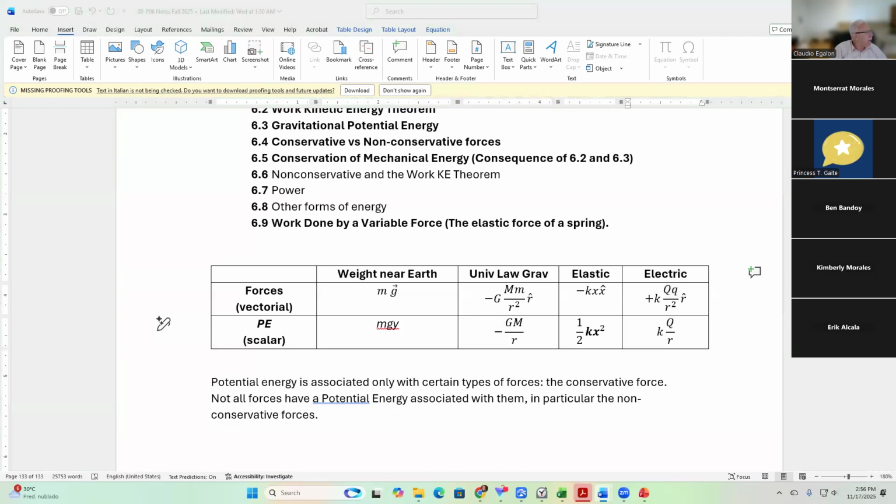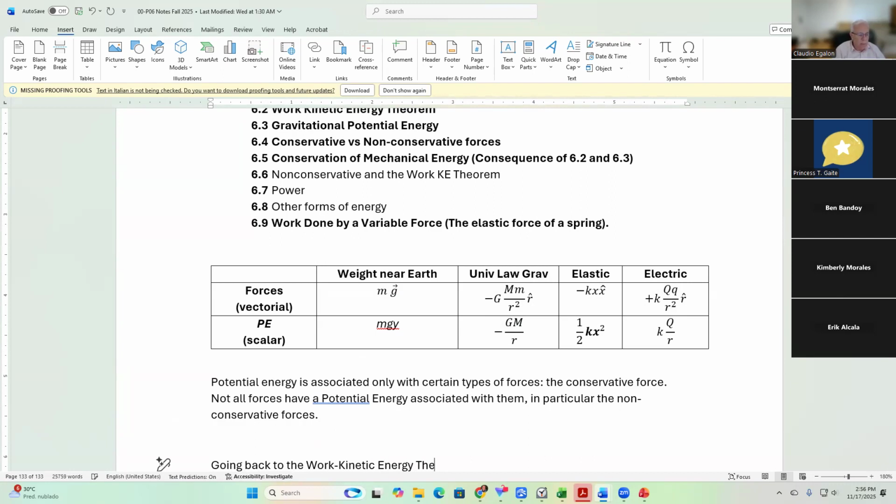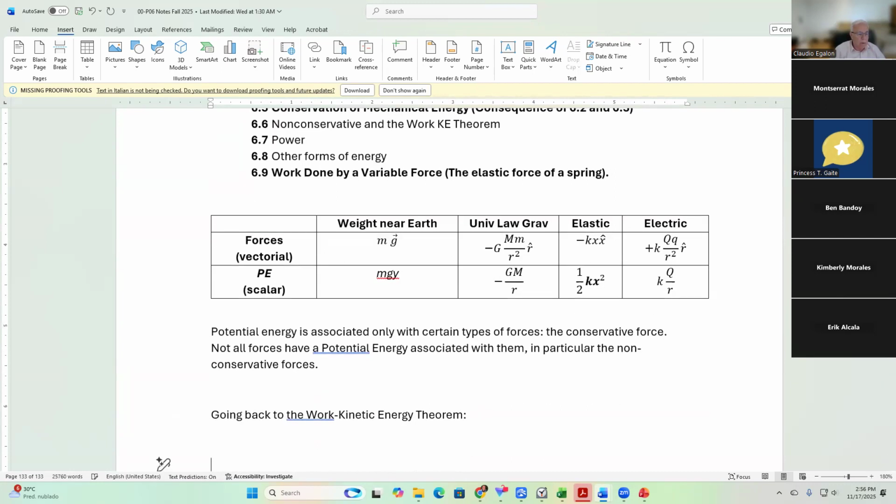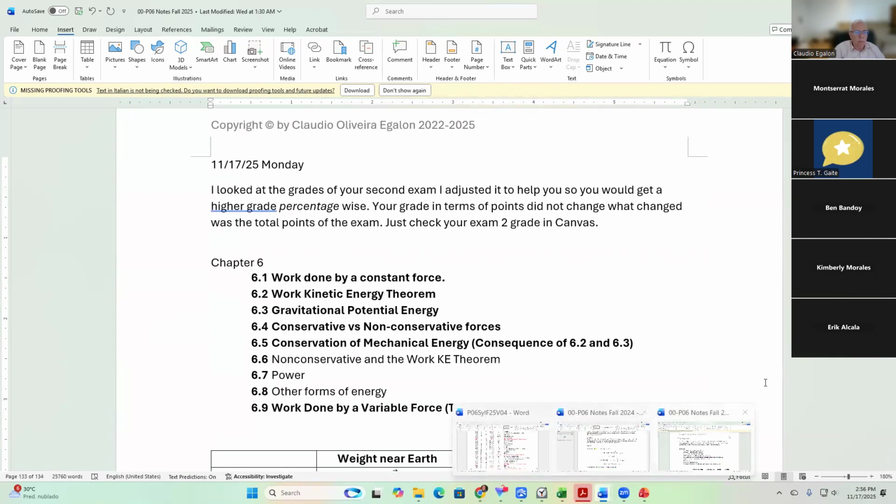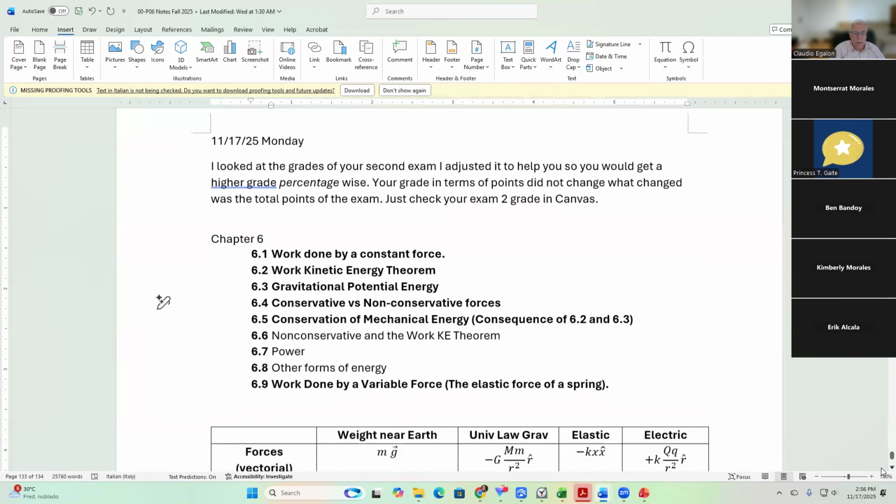Okay, and let me get now back to the work kinetic energy theorem, right? It's not difficult to memorize the work kinetic energy theorem.